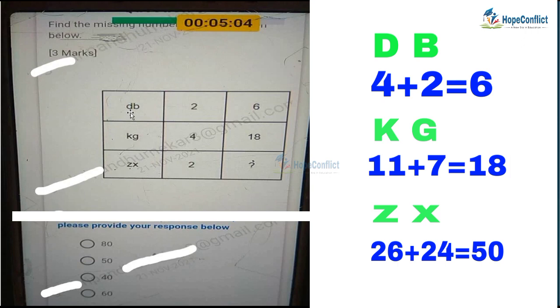If we add it, 4 plus 2 will be 6, which is given in the third column. Similarly, if we look at row 2, K and G. For K it is 11 and G it is 7. So 11 plus 7 is 18. For Z and X, Z is 26 and X is 24. So 26 plus 24 will be 50. So for this, the answer is option B.